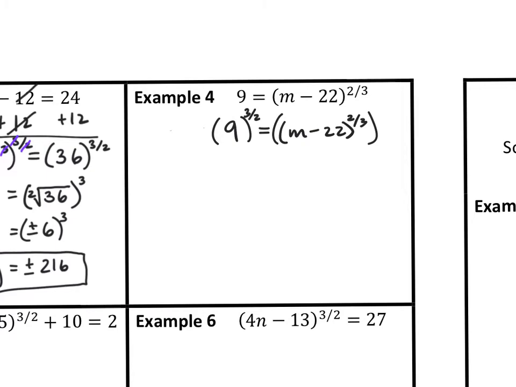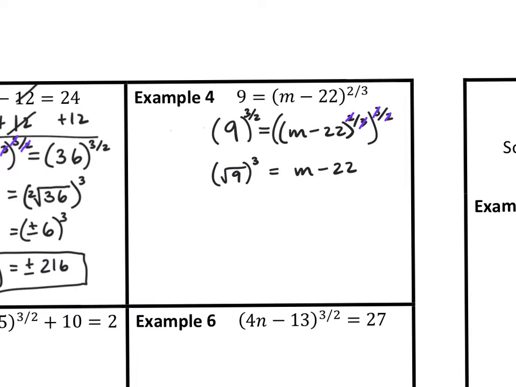It's 3/2, right? And so 2 over 2 will cancel, 3 over 3 will cancel. And then I'm going to rewrite 9 to the 3/2 in radical form. So that's going to be the square root of 9 to the power of 3 equals m minus 22.